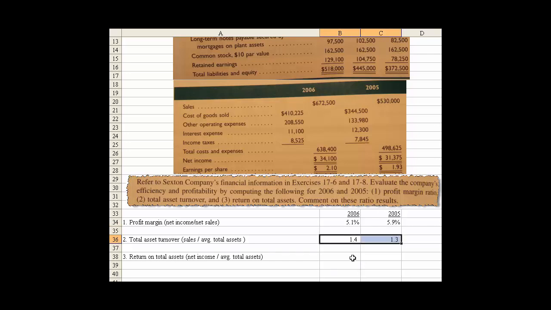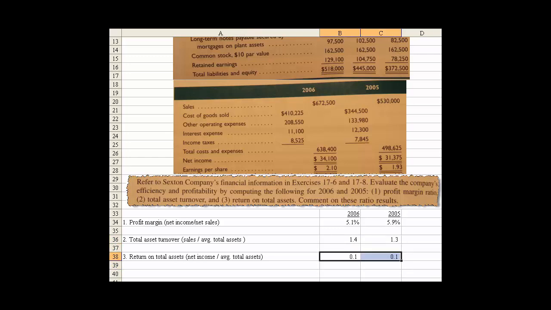So we could take both of these and copy it, and then change the sales number to a net income number, 34,100. And here we'll change the 530,000 of sales as the 31,375. Hopefully you all see that all the rest of the numbers were already reflected, since the denominator is the same in number 2 and number 3. So the denominator on these lines is exactly the same as these.